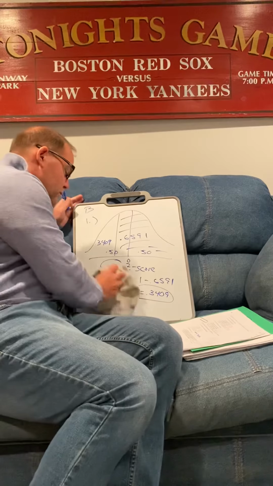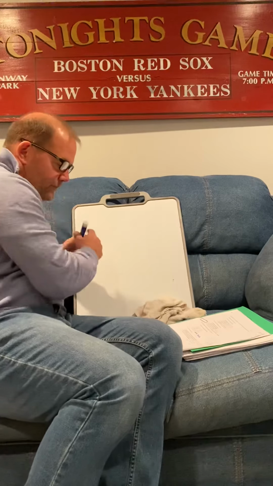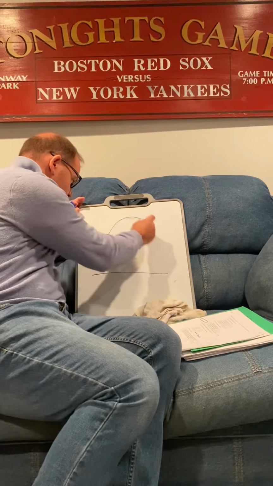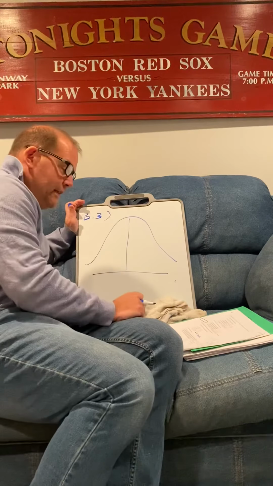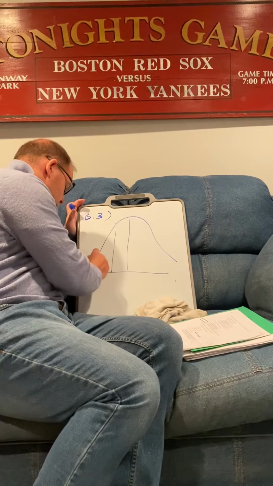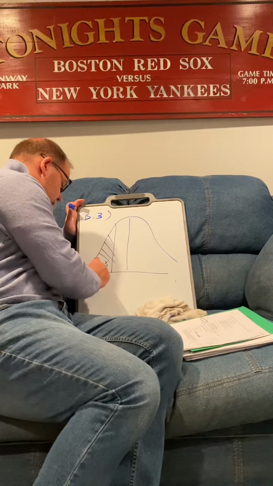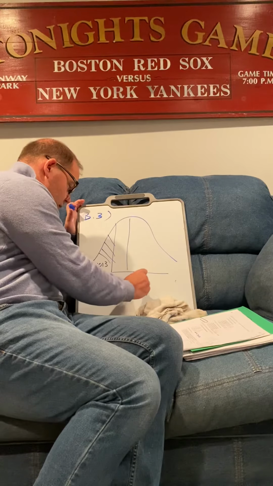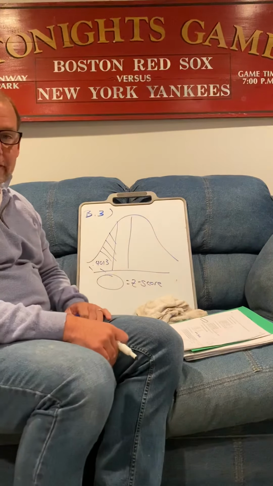If we jump to number 3 in part B, it says the area to the left is 0.4013. This problem is actually easier than the first one we did because we have the area to the left already.